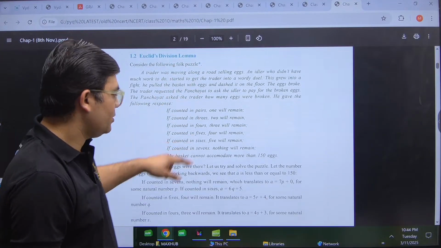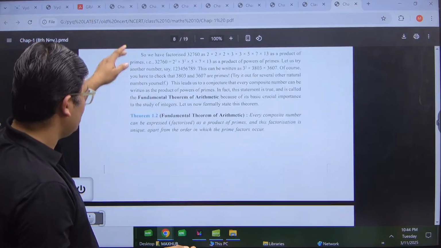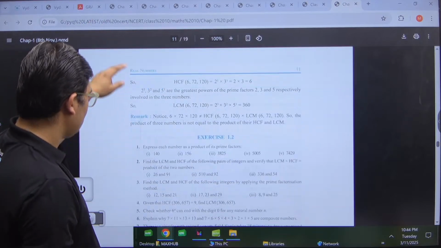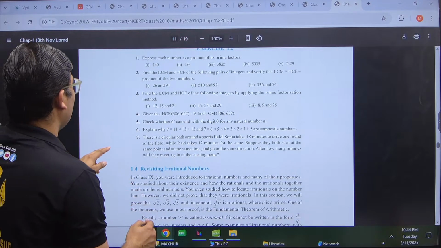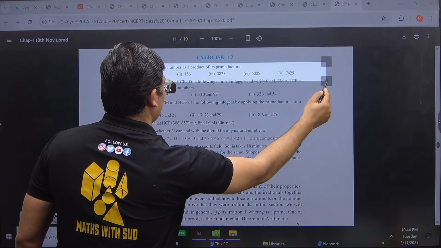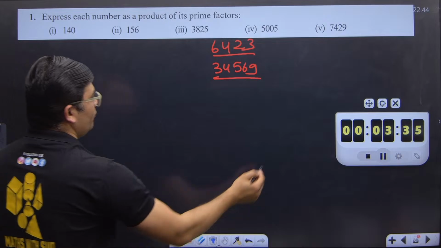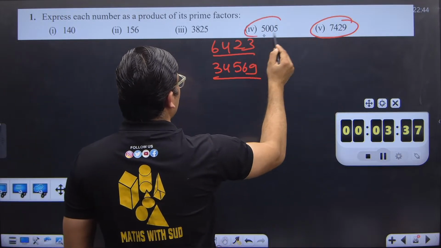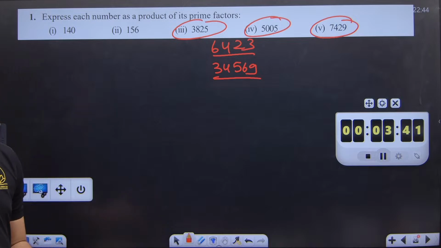See this. The maximum numbers for prime factorization that you will get are 7429 or 5005 or 3825. Only these numbers are being given to us.